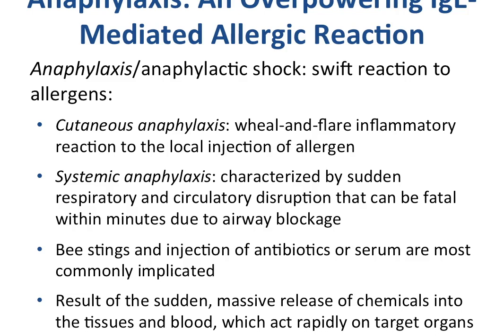If the patient has systemic anaphylaxis, we have to pay attention because the patient will have severe symptoms, so that could be fatal. Okay, injection of the allergen, such as a bee sting, or the injection of medications, can also cause anaphylaxis.